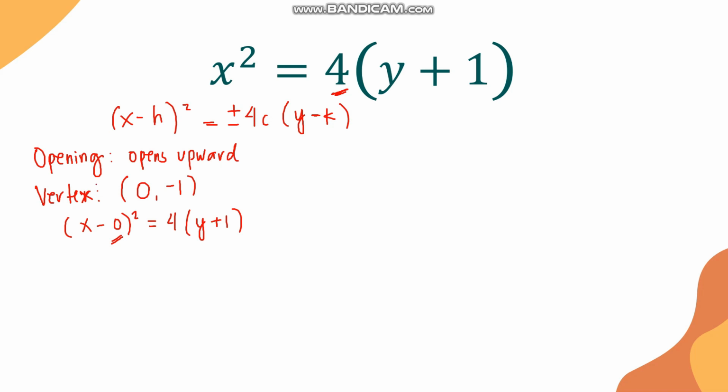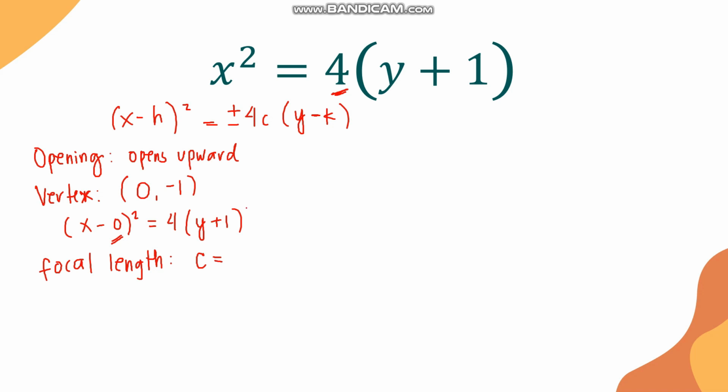After the vertex, let's identify the focal length. The focal length is our c. We have to identify that because we cannot solve for the other parts of the parabola without c.